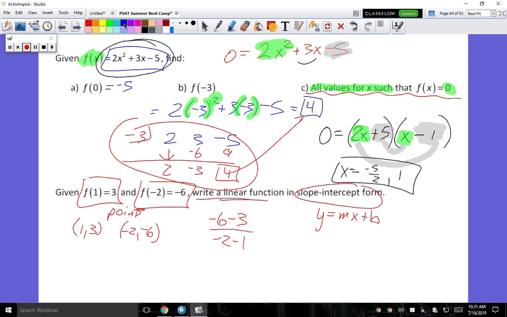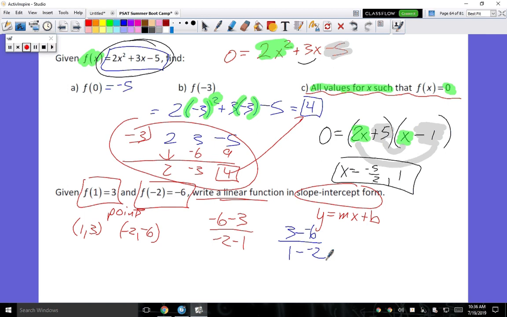Let's say someone didn't do that. They did y1 minus y2, and they did it over x1 minus x2. Would we get the same answer? We would, as long as we don't confuse the order, right?